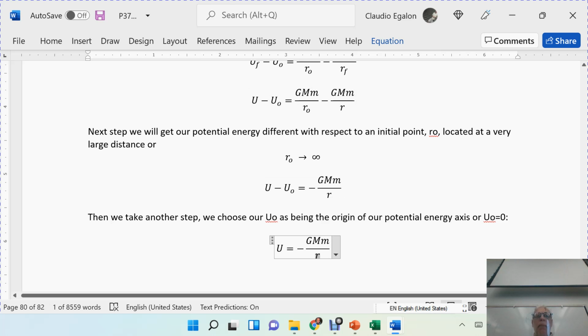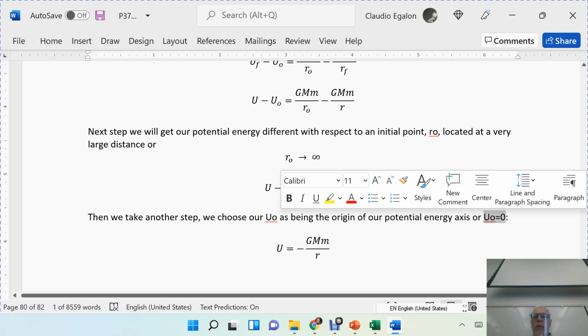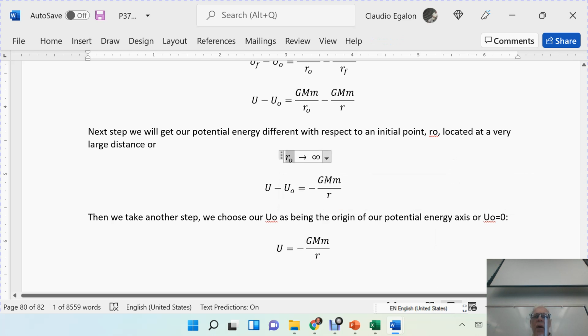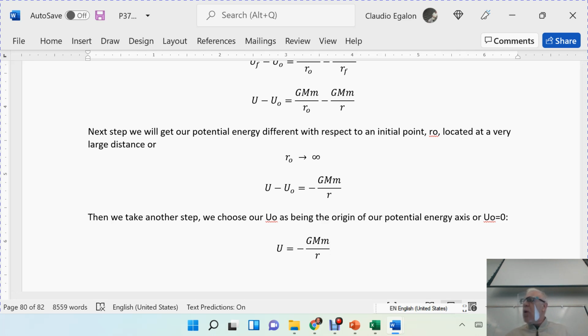Then the next step is, what value are we going to assign to U naught? We decide to assign U naught equal to 0. When we do, the final result is mathematically consistent with this condition and this other condition. So it works. And now that we have the gravitational potential energy, we can start solving problems using conservation of energy.